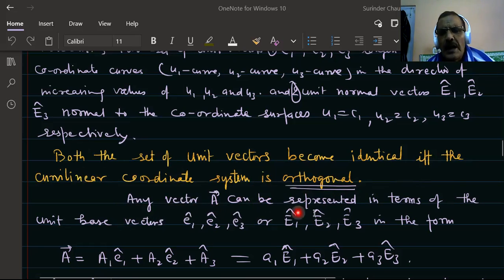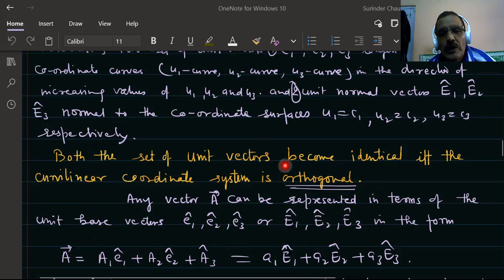Then any vector A can be represented in terms of the base unit vectors, small e1, small e2, small e3, or capital E1, capital E2, capital E3. You can write it along the tangential unit vectors or the normal unit vectors.